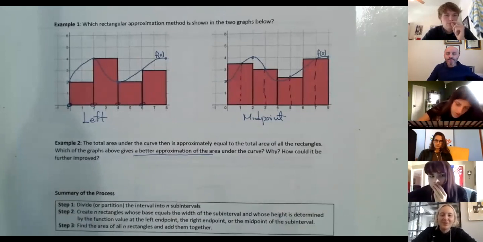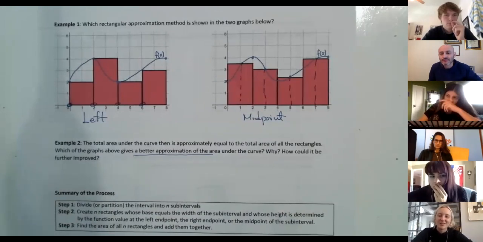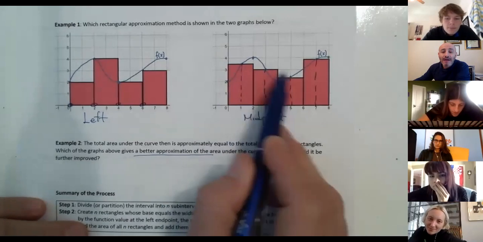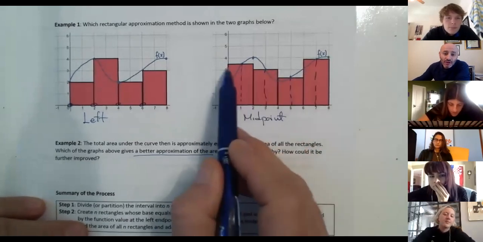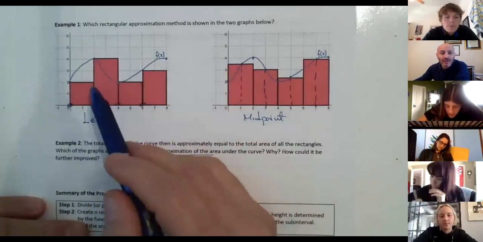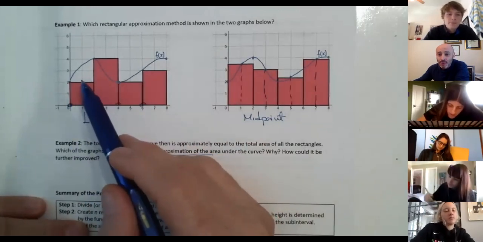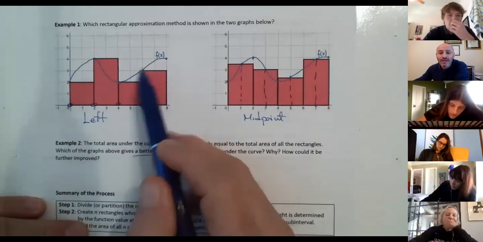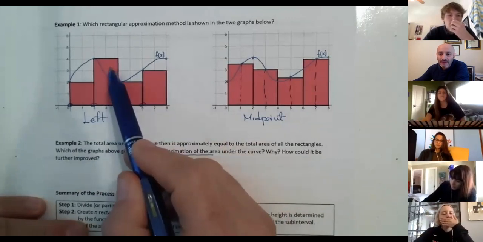Or maybe not. No, because it overestimates. It has fewer gaps, let's put it that way. And even though it does go over, the error will probably be less than here because we're leaving more space out and we're really including this big jump, okay?